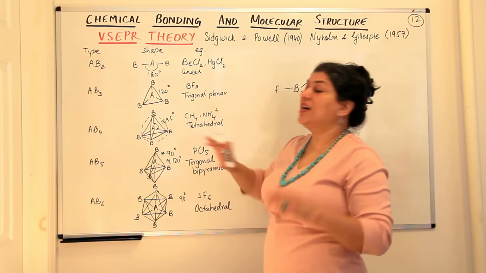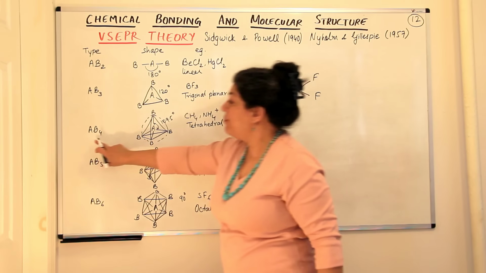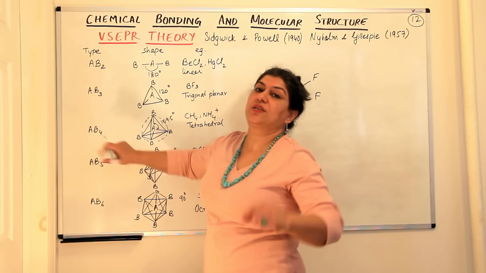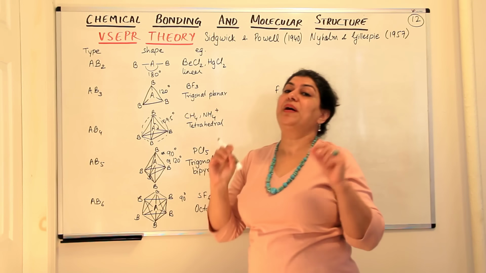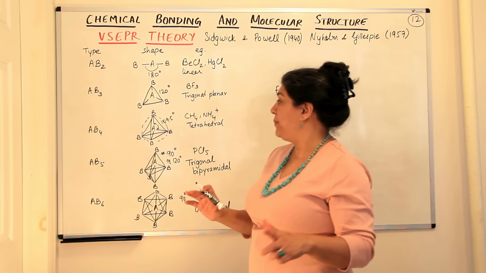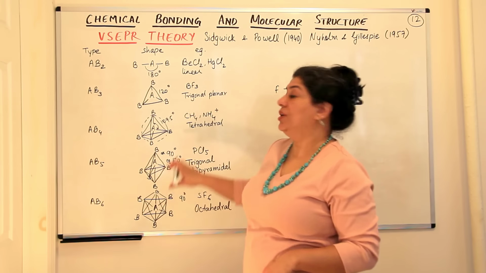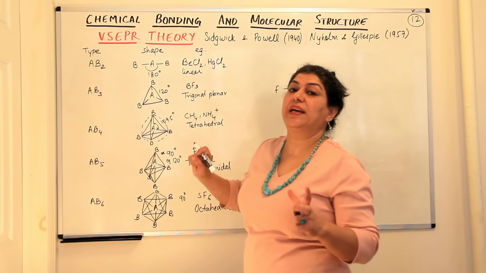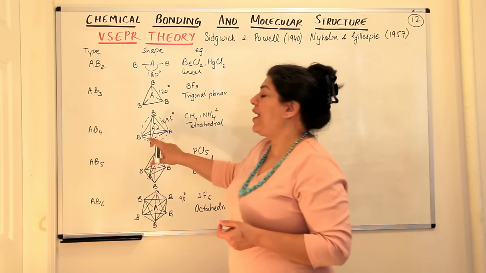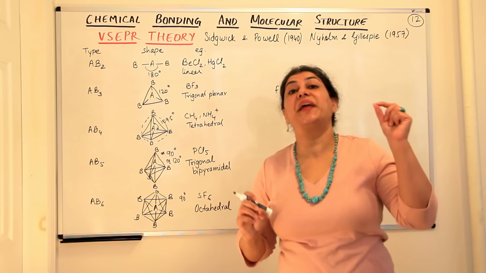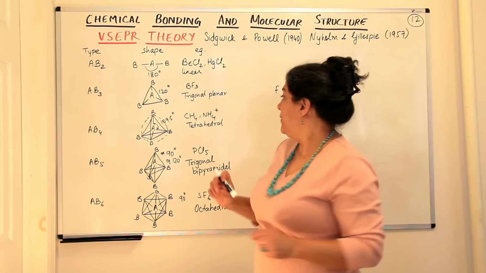So this forms a regular tetrahedron when you have a molecule where you have 4 atoms around the central atom and all of them are identical, that is, all of them are bond pairs. You get a symmetrical structure which is known as the tetrahedral structure. And the 4 atoms occupy the corners of a regular tetrahedron, right?